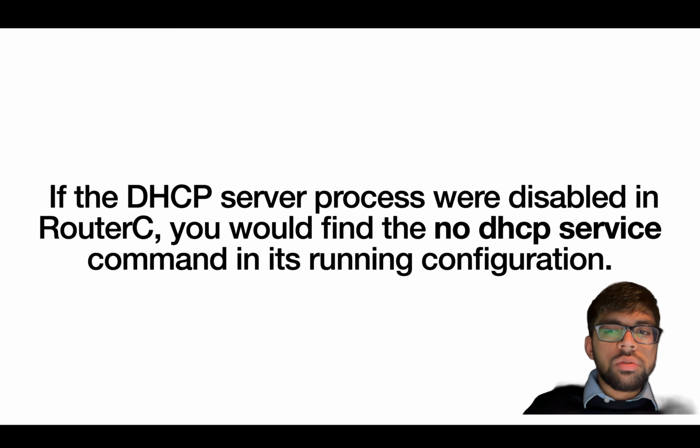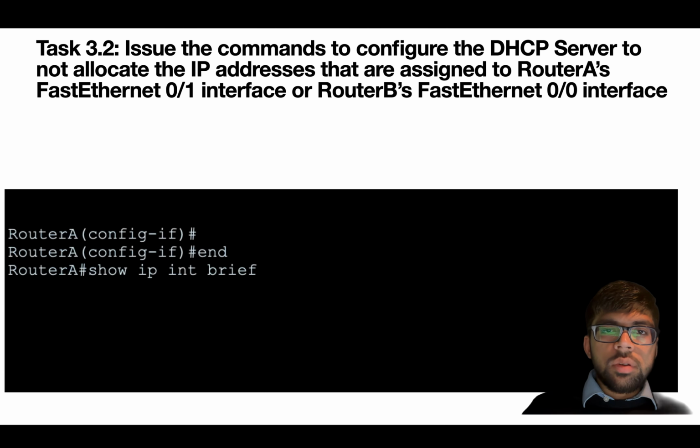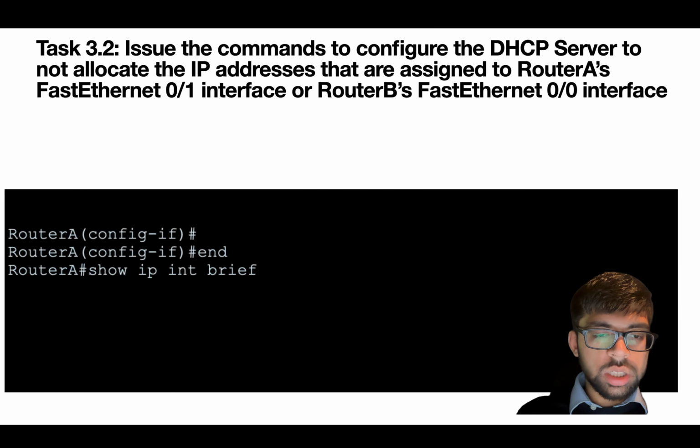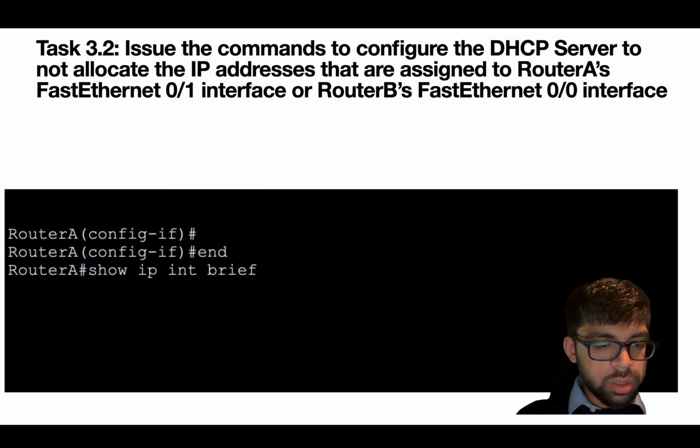We needed to configure the DHCP server to not allocate IP addresses that were assigned to router A's Fast Ethernet 0/1 interface or router B's Fast Ethernet 0/0 interface. So what was happening? Sorry, I'm just having an issue here, trying to pull the answer.